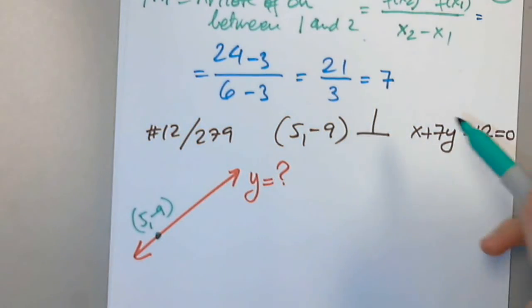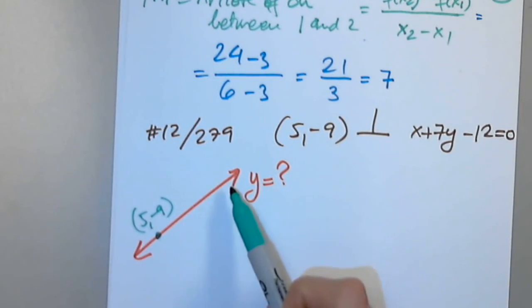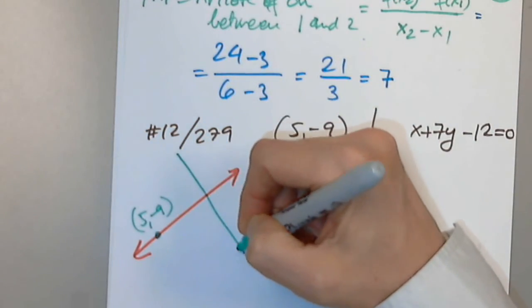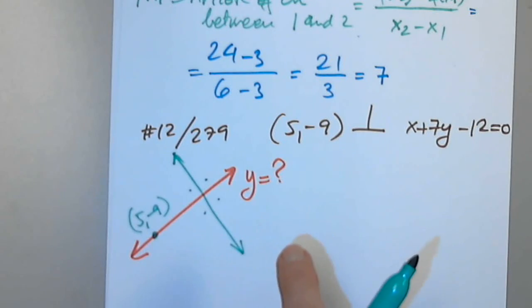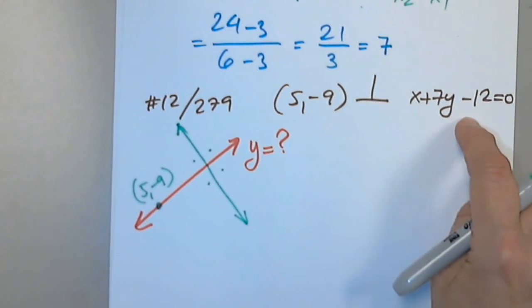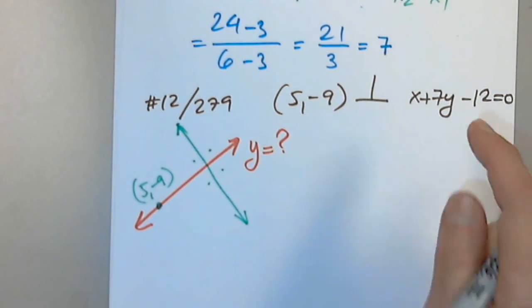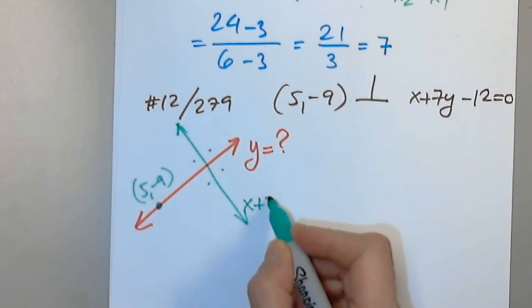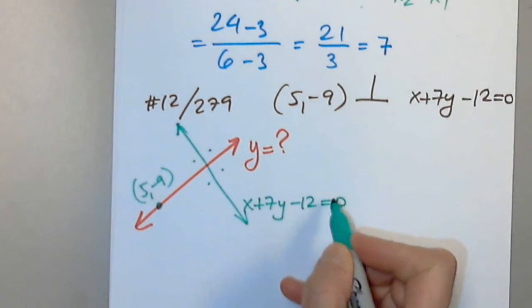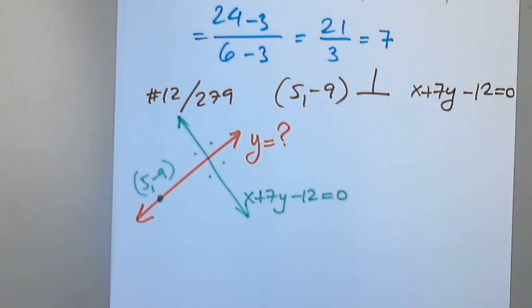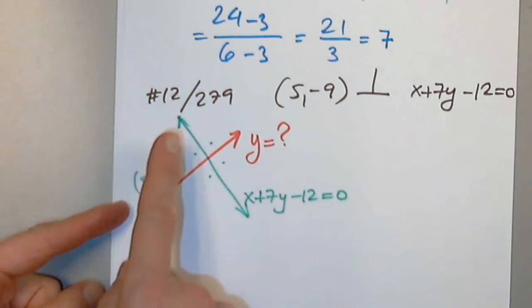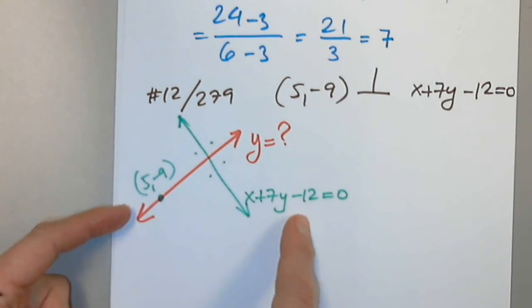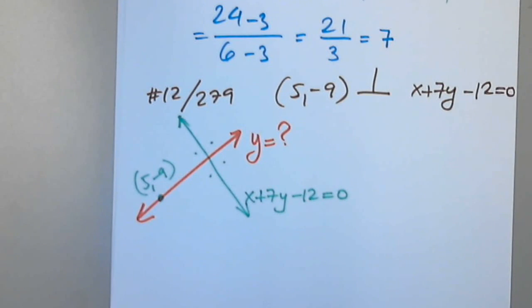The other is that this unknown line is perpendicular, in other words, it forms 90-degree angles, to a line whose equation is given. So the green line is x plus 7y minus 12 equals 0. One more time, I'm asked to find the equation of a line, knowing that it passes through this point and is perpendicular to the green line. What should I do?